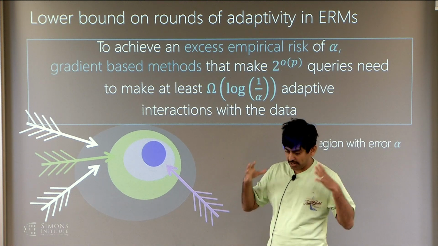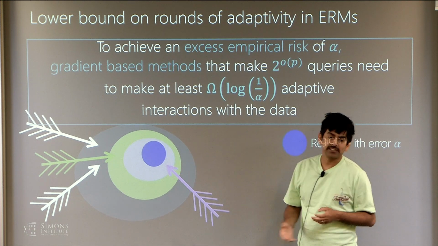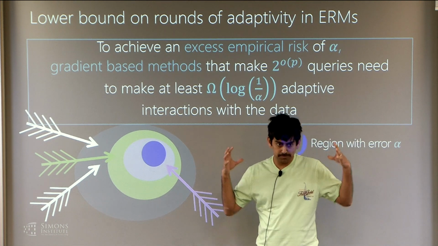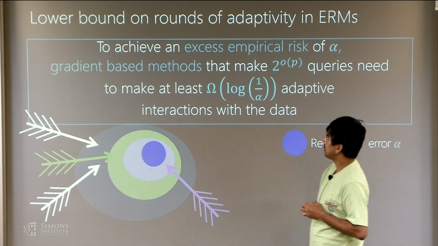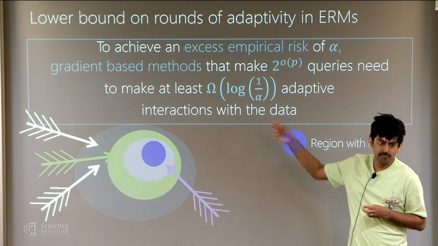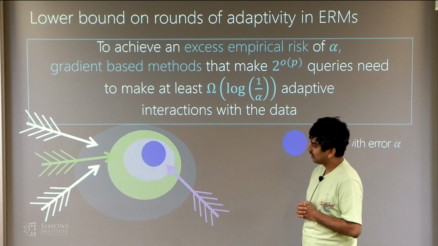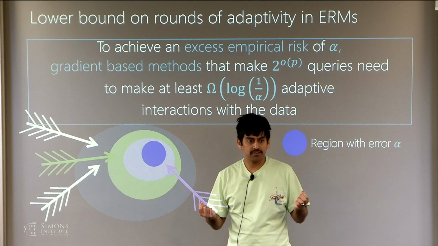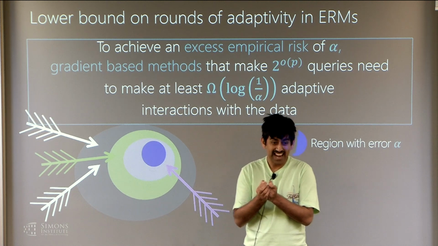And this construction, you can do it recursively. But the problem with this type of construction is that if you do it recursively, your space reduces exponentially because the volume of the balls reduces exponentially, and hence you can do it only up to log of 1 over alpha rounds. Now an interesting question is, I said I will construct a pair of functions which are slightly different within a ball and identical outside.